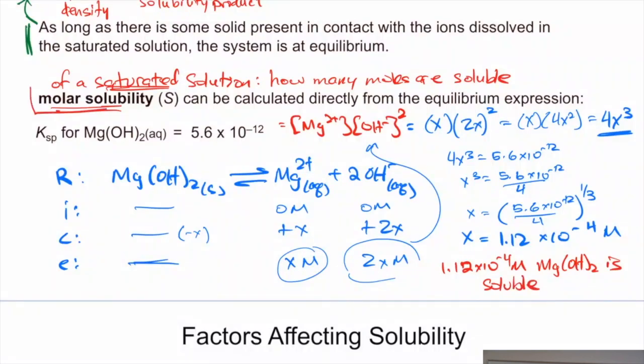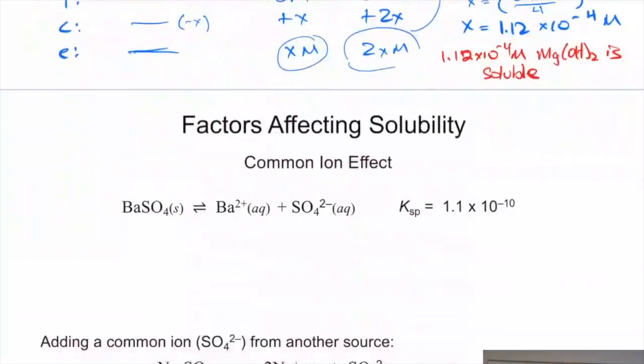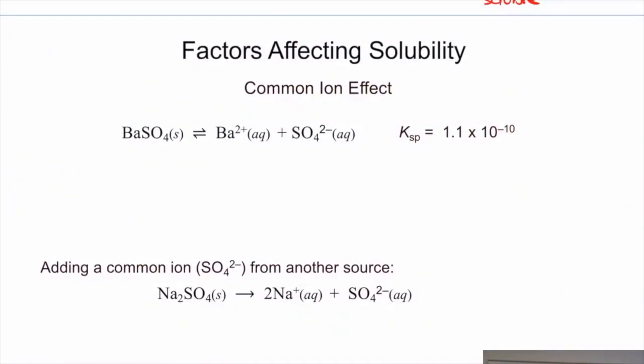That's what molar solubility is. That's what we just solved for. All right, well, we'll practice with that a little bit, but first let's go back now and overlay some stuff that we learned earlier, like common ion effect and Le Chatelier's principle, to see how these other factors will affect the solubility of these materials.